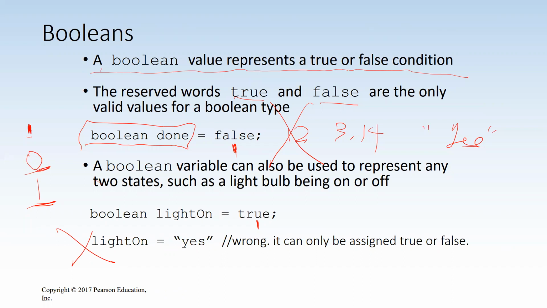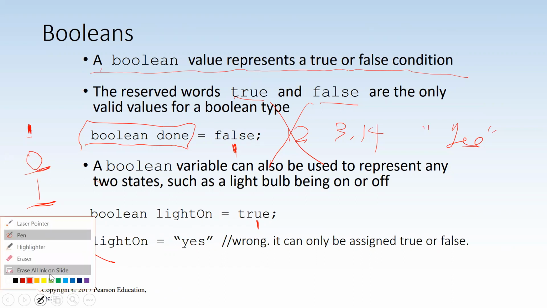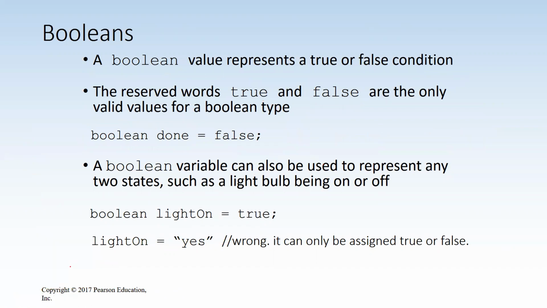Okay, questions? Dr. Z, yes. When we talk about 3.14, are we talking about pi? Oh, when I use 3.14, I'm just using that number because it's the very first number that comes to mind. It is pi, but it's just the first number that comes to mind. I can use 10.56, but it doesn't come to my mind that often.